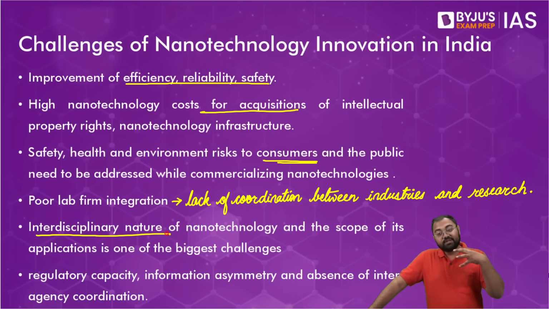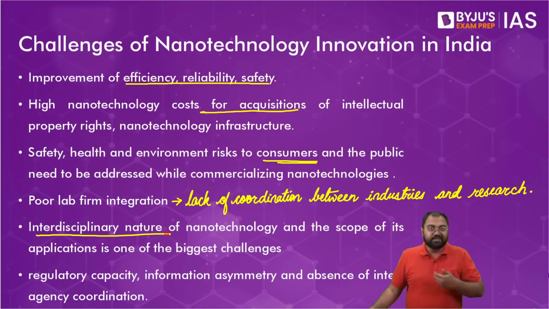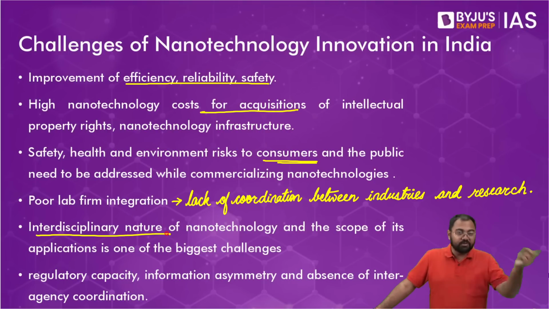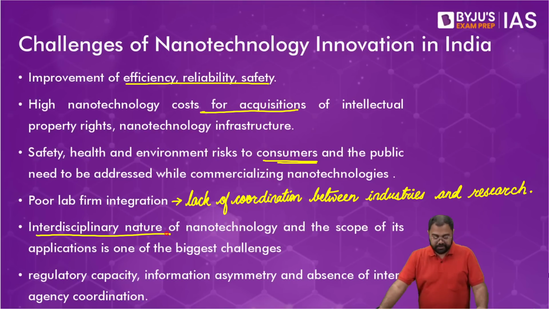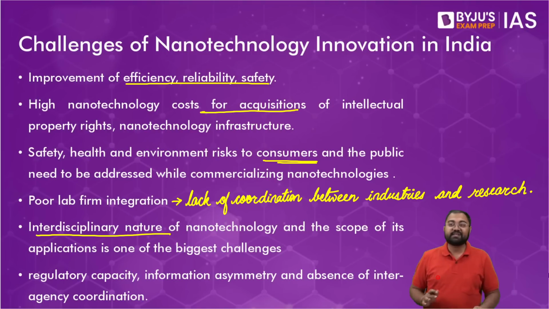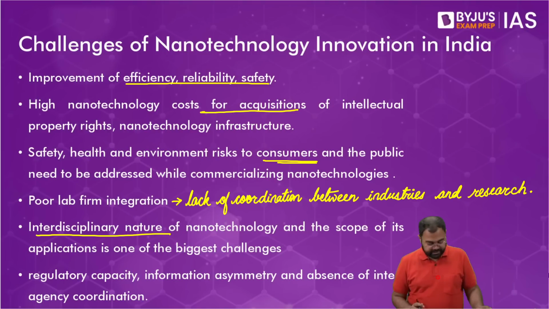So you need to have nanotechnology plus space technology knowledge. You need to have knowledge of nanotechnology and biotechnology to solve the problems in biotechnology. Similarly, you have to have a knowledge of at least two of the branches so that you can make use of nanotechnology to solve the problems of those branches. So that's why the interdisciplinary nature of nanotechnology also makes it difficult to work with nanotechnology.